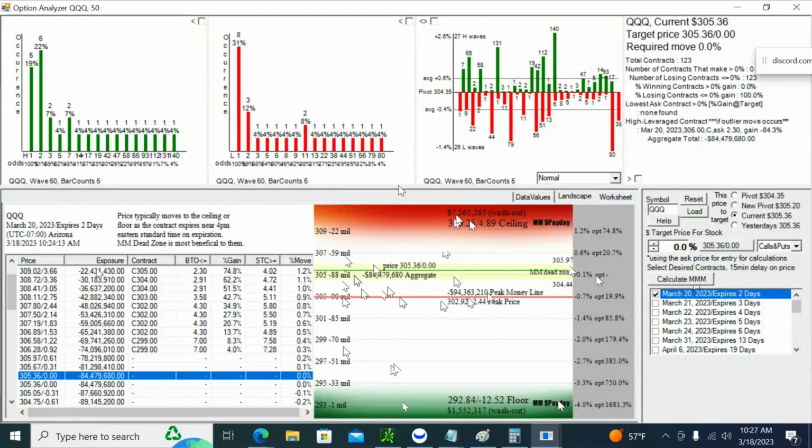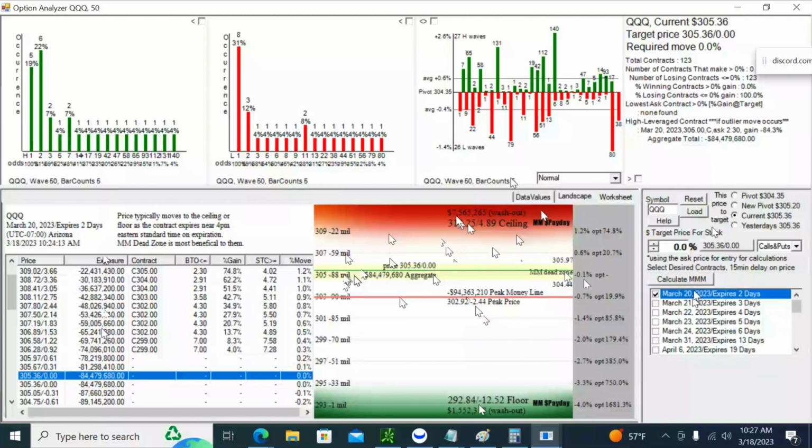Because the traders have put on so many puts and calls in both directions, the premium just starts tacking on heavily both ways. So it kind of stalls it out.